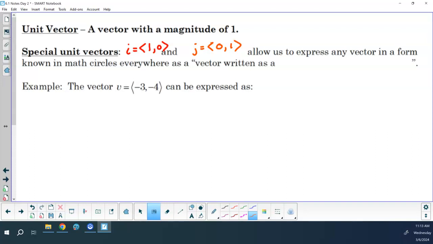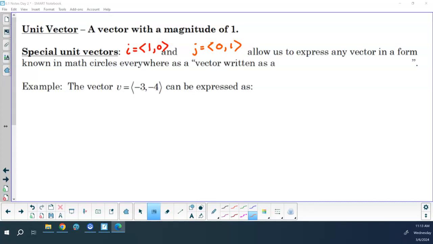And what those two unit vectors do for us is they allow us to, let me get the proper terminology. I want to say it's linear combination, but yep, it is linear combination.